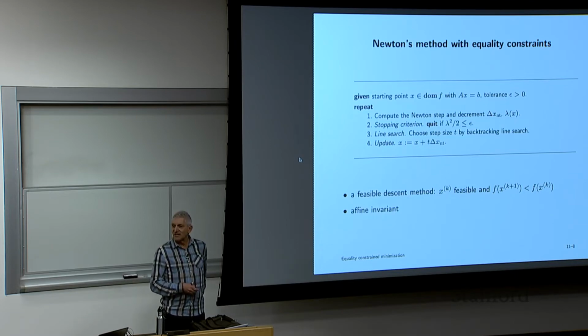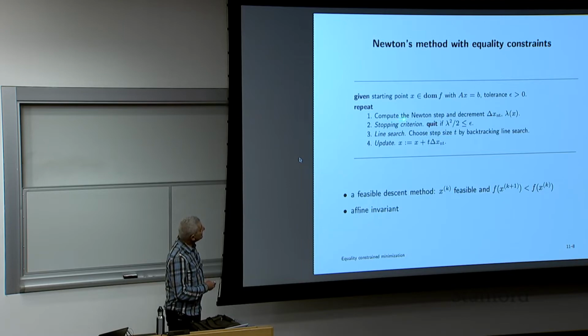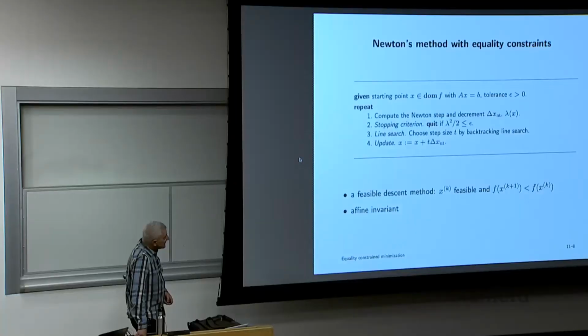Reasonable question. The answer is it's not. They're identical. What's different is, for example, when you compute the Newton step, if you have equality constraints, you're solving that KKT system, not just with the Hessian. But it's otherwise exactly the same.